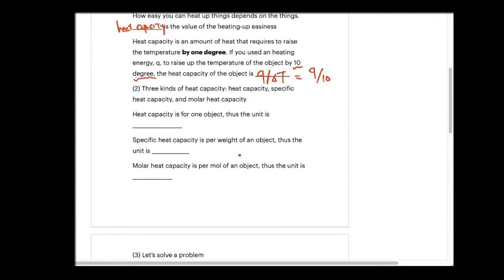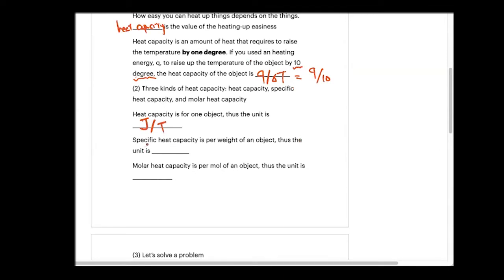But a little confusing point is there are several kinds of heat capacity. If you just say heat capacity, it is for one object. So the unit is basically joule divided by delta T, so joule per degree.